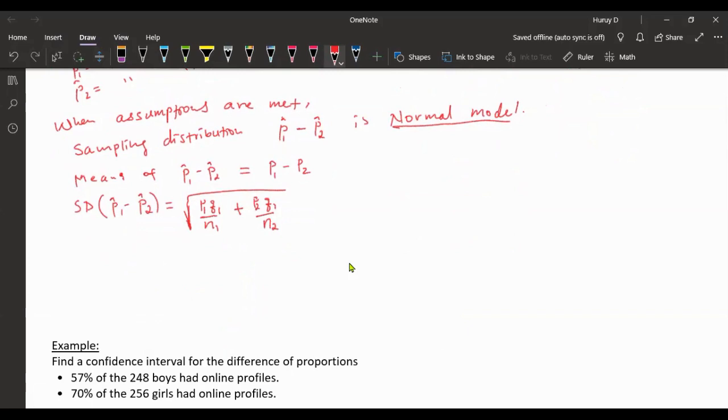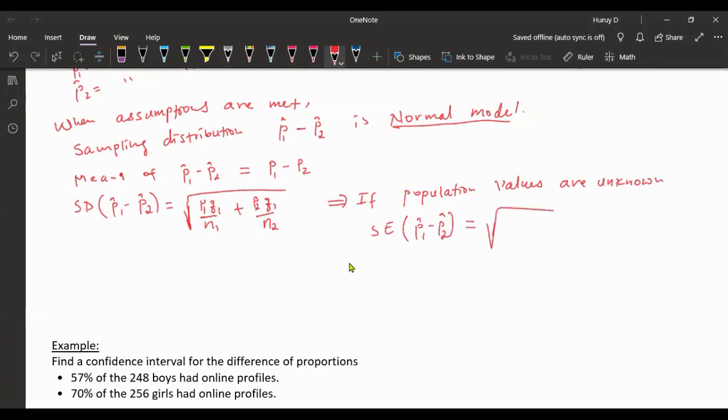If we don't know these values, then we calculate the standard error of P1 hat minus P2 hat.